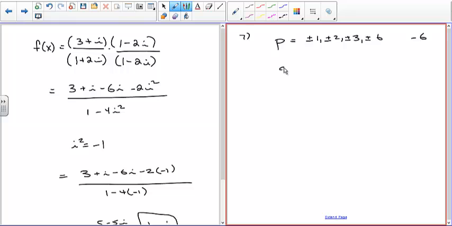So that's why I can do both plus or minuses. And the q is the denominator of this expression. We're going to look at p over q. So q is 2. So the factors of q are 1 and 2. And so my possible numbers are plus or minus 1. You could have negative 1 times negative 2. You could have positive 1 times positive 2. That's why you have both.